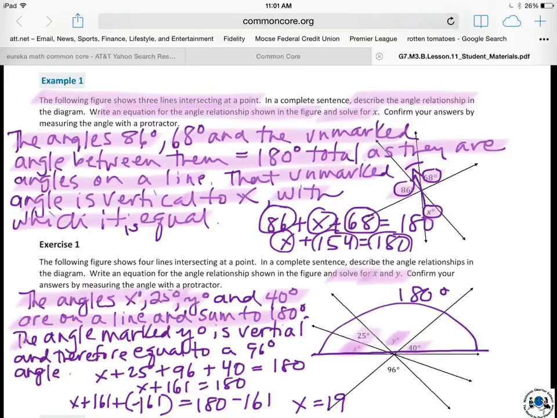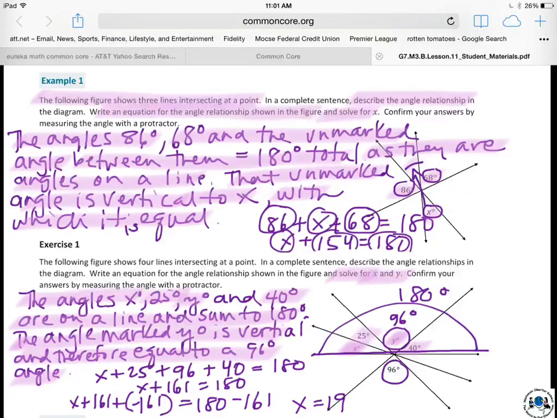And then I also know that this y here is vertical to and therefore equal to a 96-degree angle. So I didn't even have to solve for y, because I can tell what it is there.